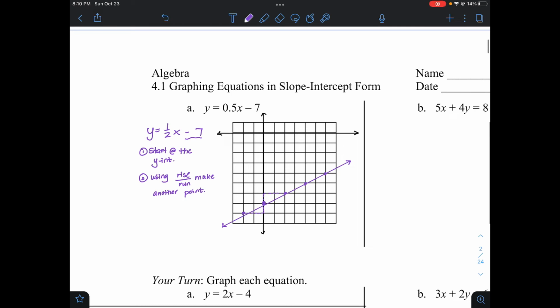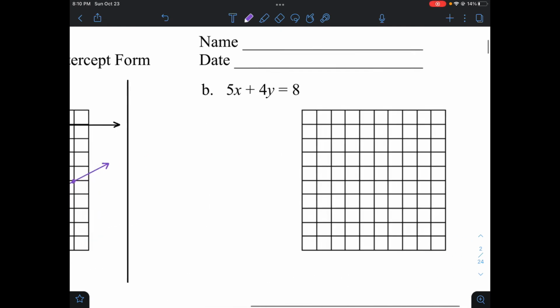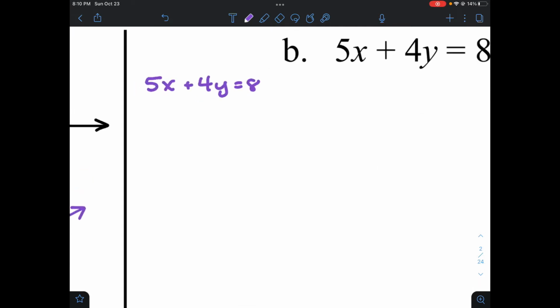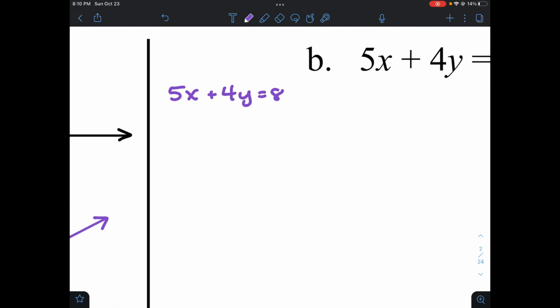Now part B, we're going to have an extra step, because if you notice, part B is not in slope-intercept form. So we have to write this so that it is in slope-intercept form. That means I have to solve this for y. So I need to subtract 5x from both sides.